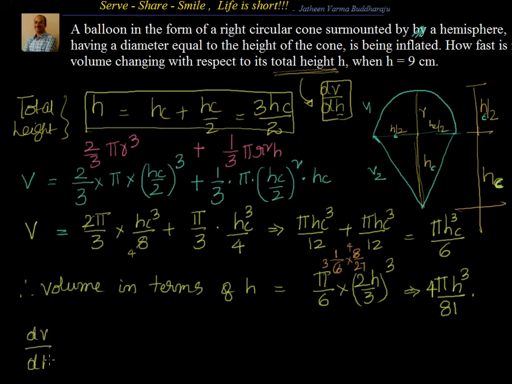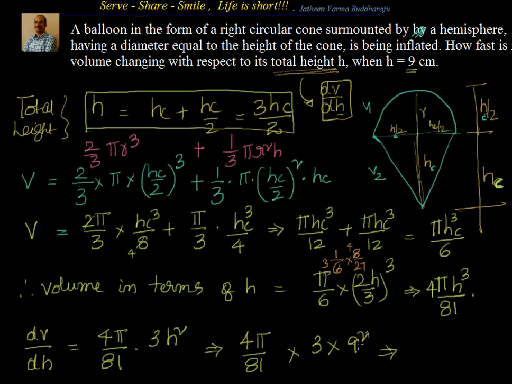Now dV by dH is equal to 4 pi by 81 into derivative of h cube is 3h square, which is equal to 4 pi by 81 into 3 into h, which is 9 centimeter. We know that. So I can substitute.